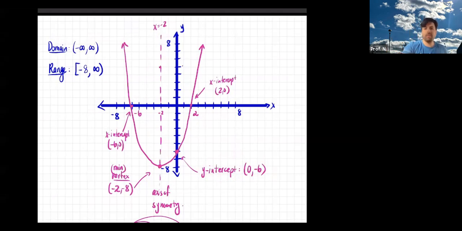Give me 1 second, guys. My battery's about to die. Hold on 1 second.